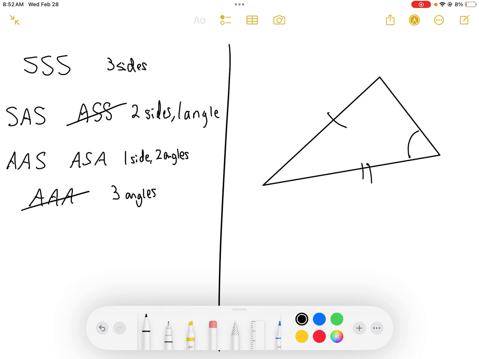There are 2 sides and an angle, so it's got to be SAS or ASS. The angle appears to be kind of by its lonesome. It's touching this side, but not this side. So this one is angle, side, side, which is broken. The side is not in between the 2 angles in this example.